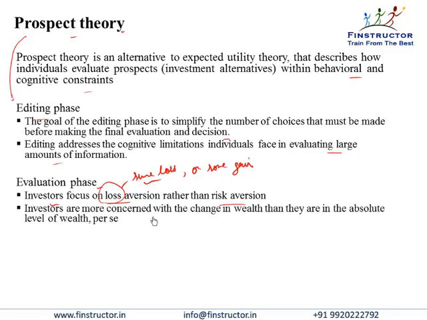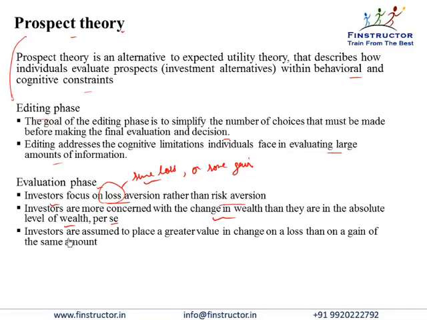Investors are more concerned with the change in wealth rather than the absolute level of wealth per se. Investment alternatives are considered from the perspective of how much they add to or take away from that wealth. Investors place greater value on a loss than on a gain of a similar amount.